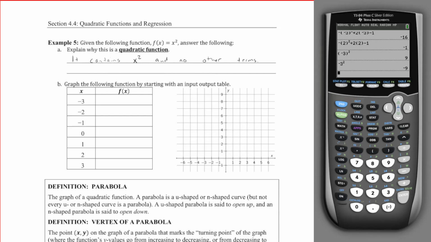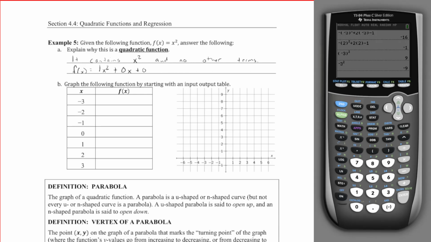If we wanted to write it in that form that we had for the generic quadratic, we would say f of x is 1x squared plus 0x plus 0. Right? If we want to think in terms of a, b, and c, a is 1, b is 0, c is 0.